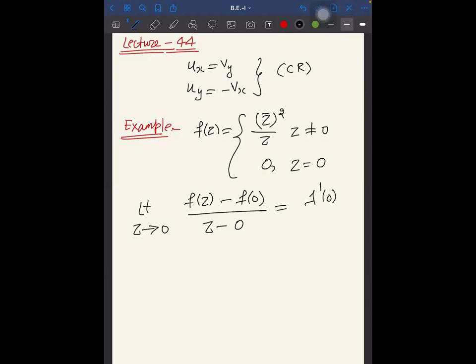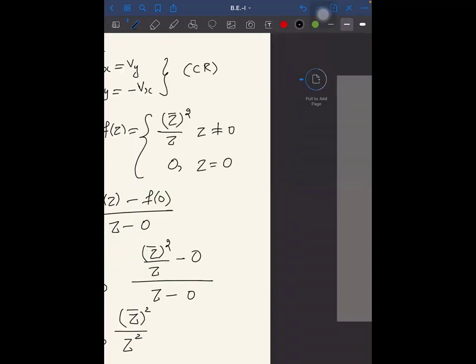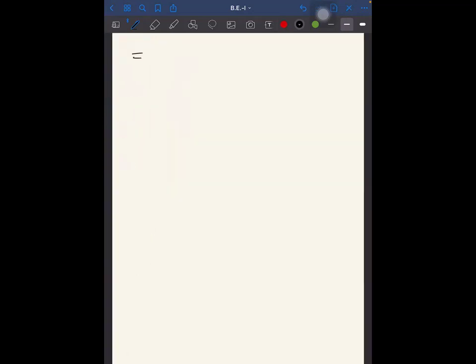So this will be the limit as z goes to 0. f(z) would be z bar square upon z, and f(0) is given to us, that is 0, upon z minus 0. So we can write it as the limit as z goes to 0 of z bar square upon z square. If z is any complex number, we can write z as x plus iota y.